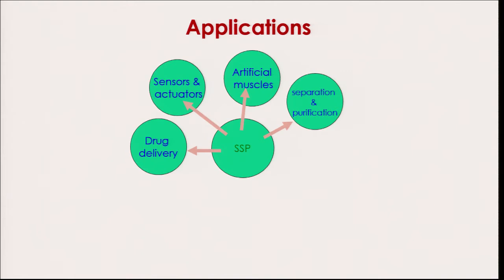So, you can remove water if it is a contaminant in any organic solvent. It can be used as an artificial muscle, because they change shape and size. It can be used as actuators. It can also be used to release drugs under certain temperature conditions.